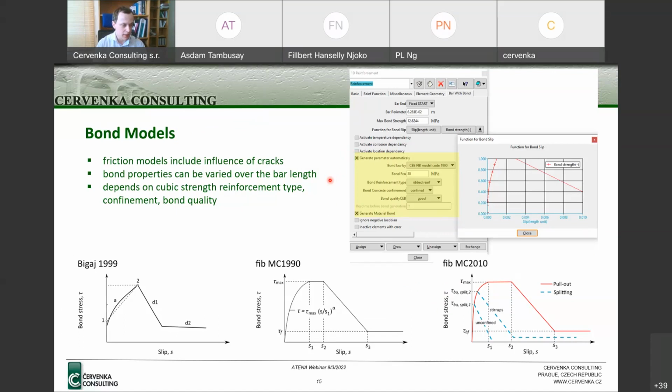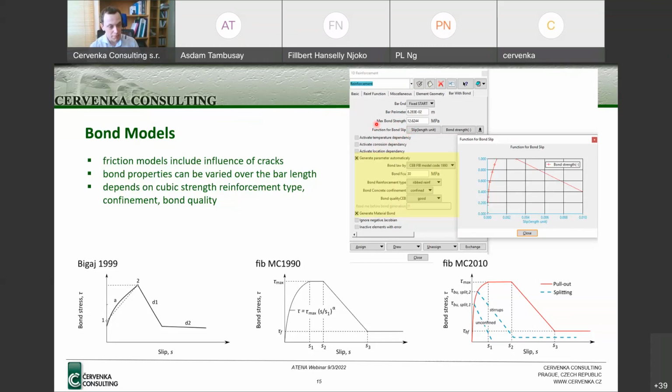In GiD, there are three literature or code-based functions implemented, for which, if you input the strength of your concrete and the type of the reinforcement, this kind of function for bond slip will be automatically generated for you.